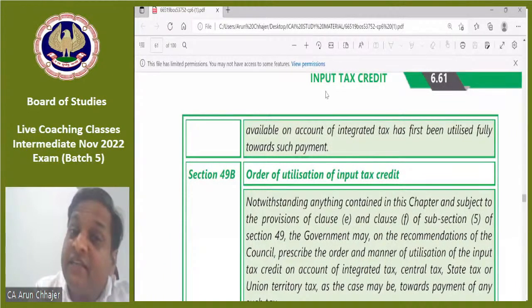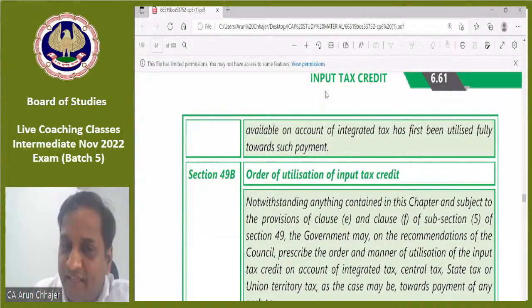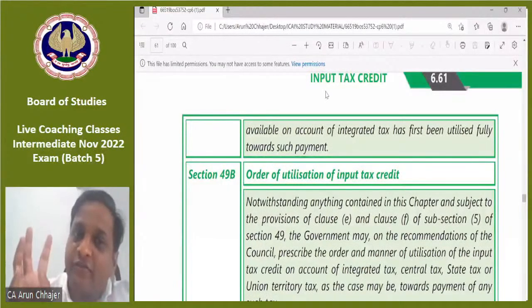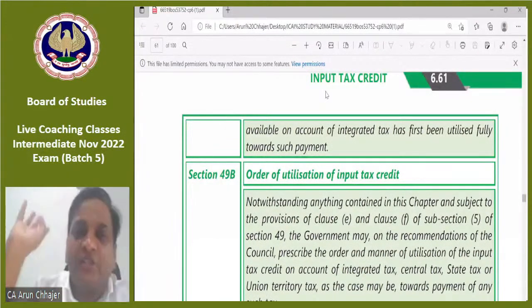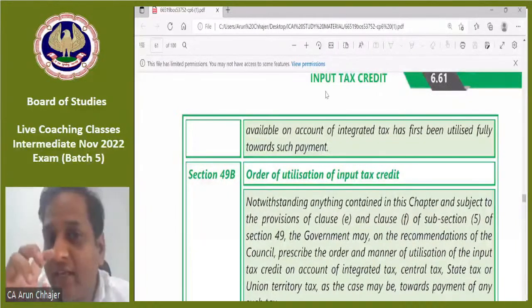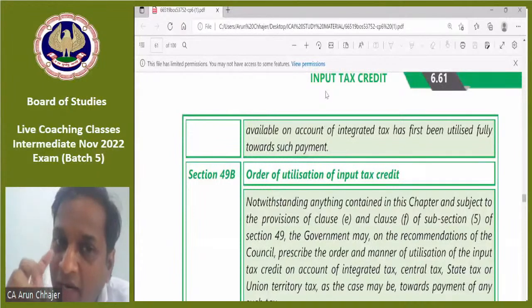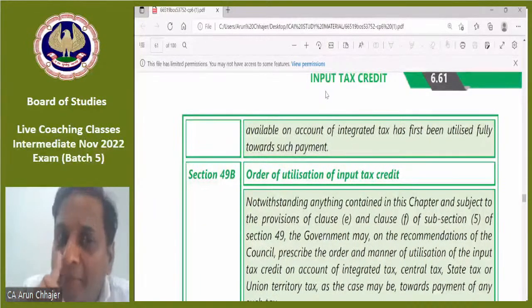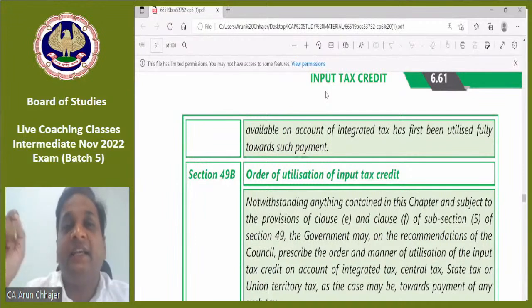If CGST needs 10,000 and assume CGST has 20,000 ITC and IGST has 20,000 ITC, CGST will take first from I till the time I becomes zero. Till the time I becomes zero, they cannot touch their CGST ITC.